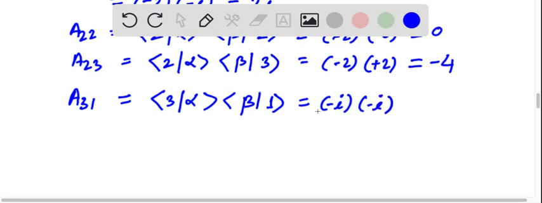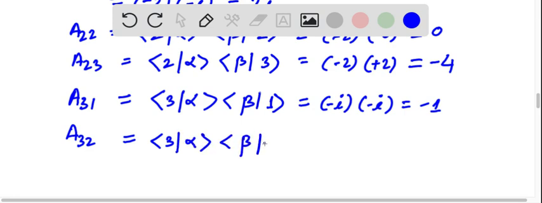Minus i times minus i is i squared, which is minus 1. A32 is ⟨3|alpha⟩⟨beta|2⟩.